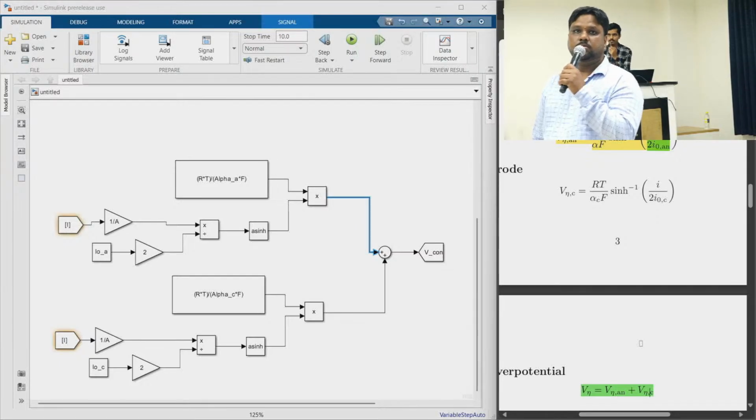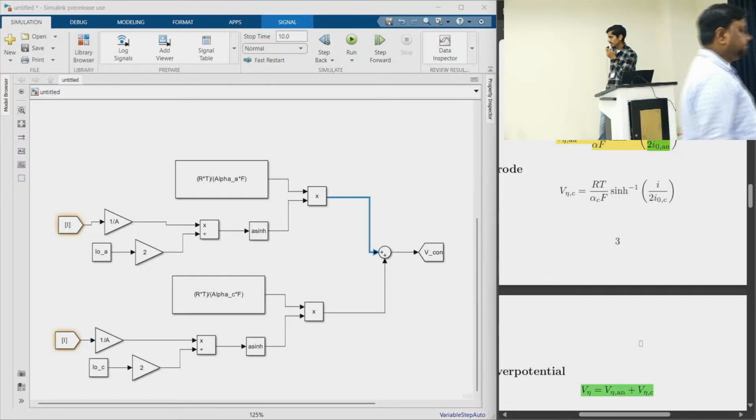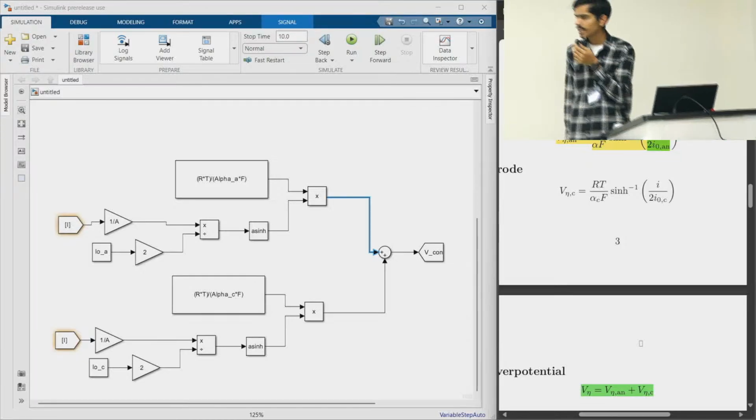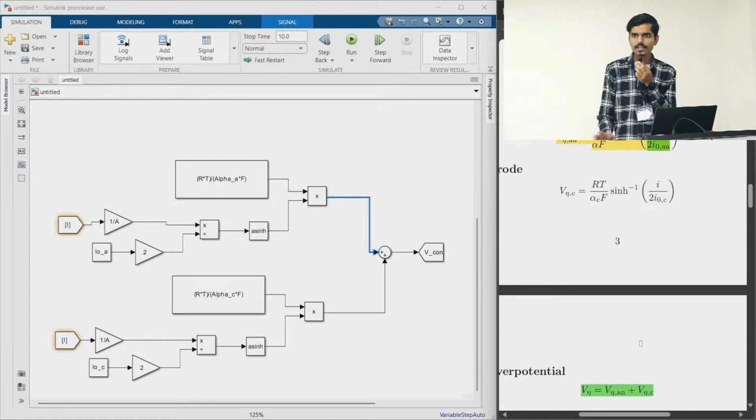Any question? Also, one thing: some literature mentions that we can easily neglect the cathodic overpotential in some cases, but for the time being we are considering it to make a more precise model, because this value is lesser than the other, so we can easily neglect it.